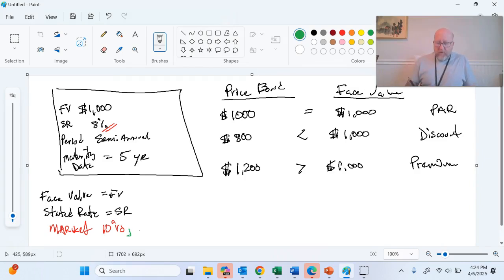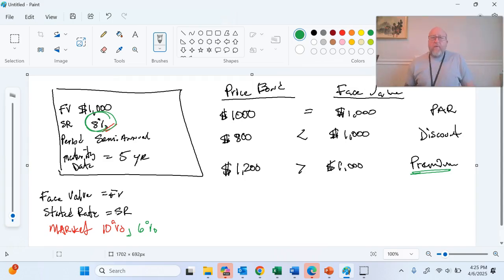Different situation, the market rate is only 6%. Okay? So if I'm offering something at 8%, if my interest rate is 8% and everybody else is selling at 6%, all of a sudden everybody wants my bonds.